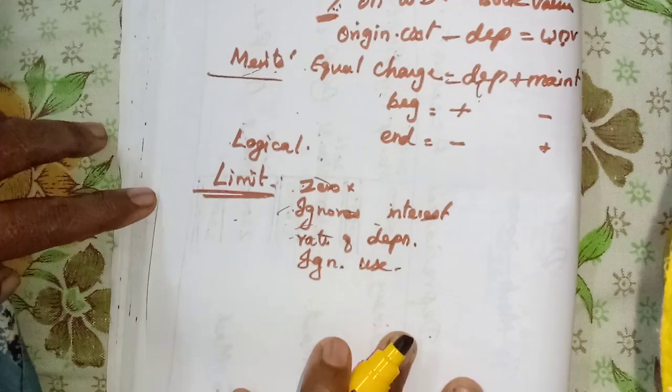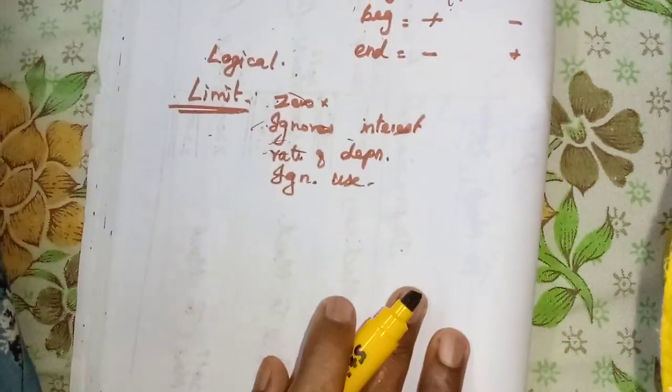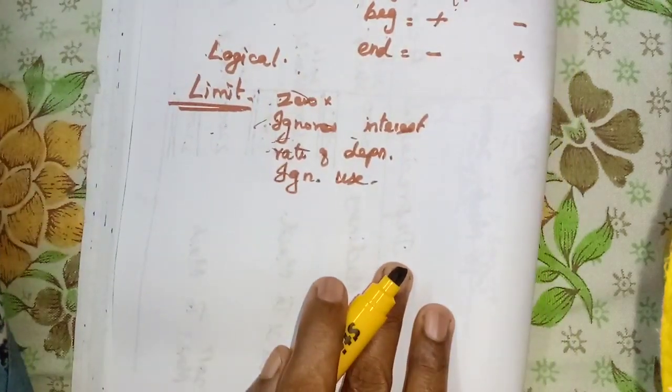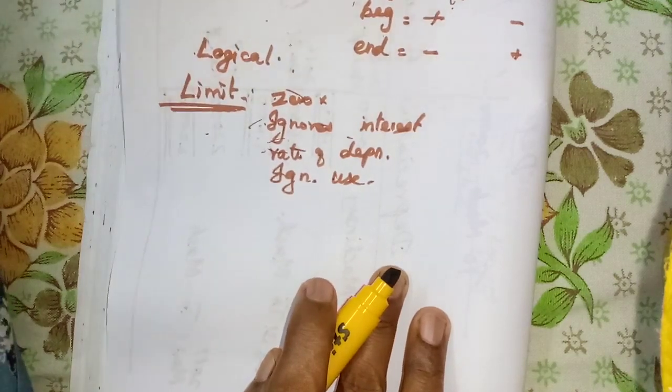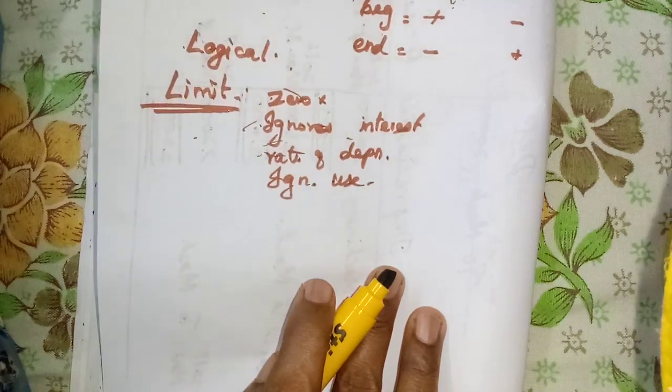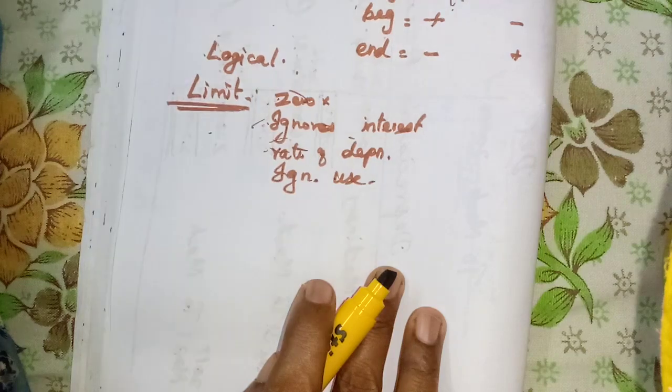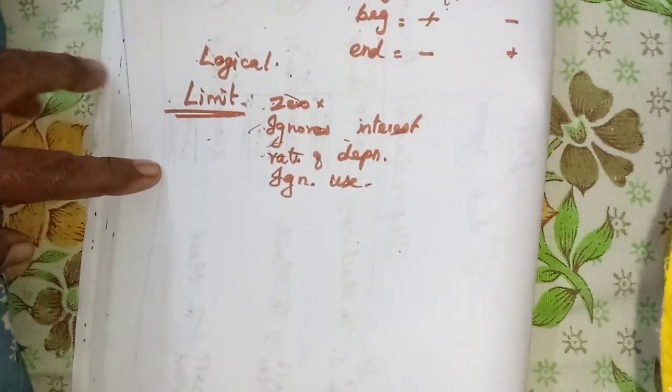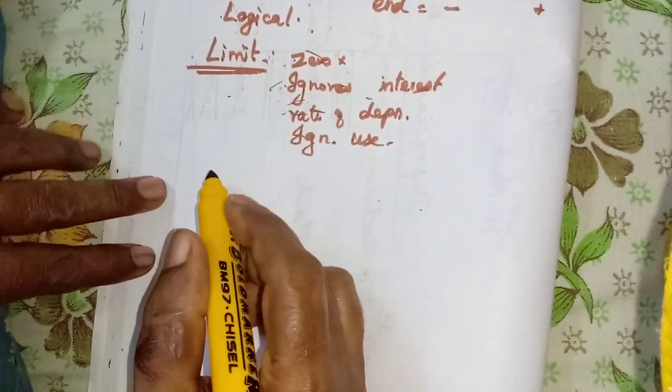The actual use of the asset is not considered, because we never use it the same every year. Some years they may use the machinery for many hours, isn't it? So the actual use of the asset is not considered for calculating the depreciation.